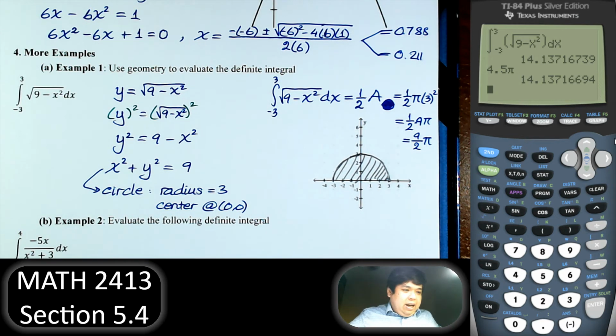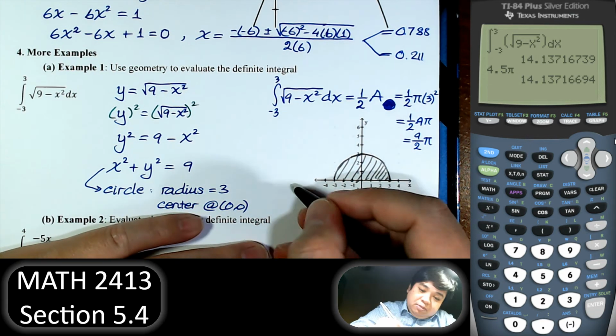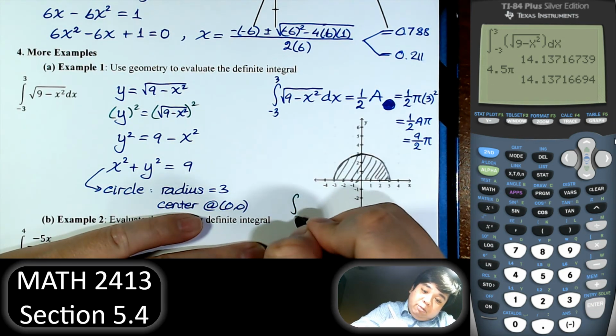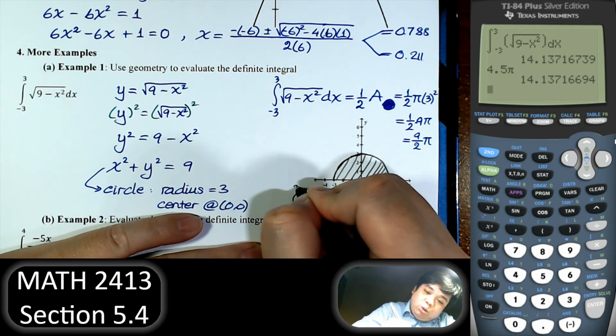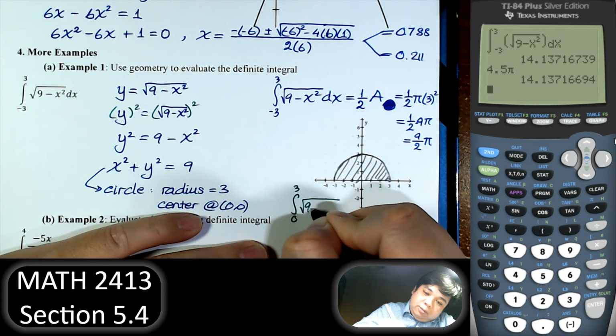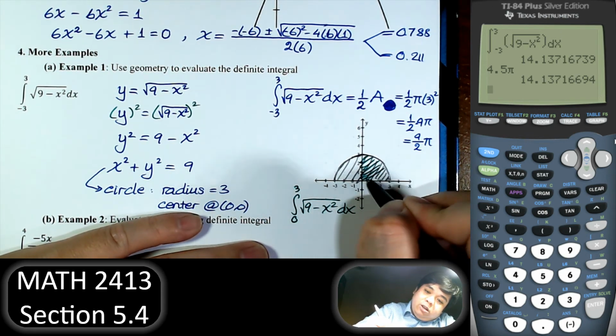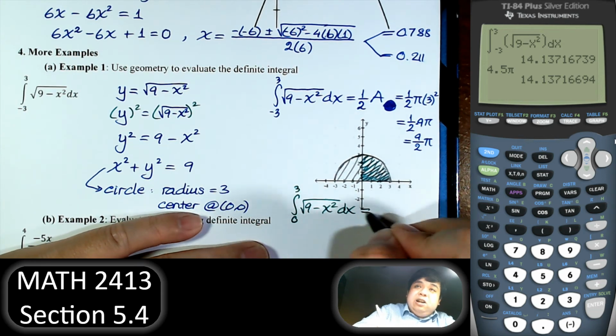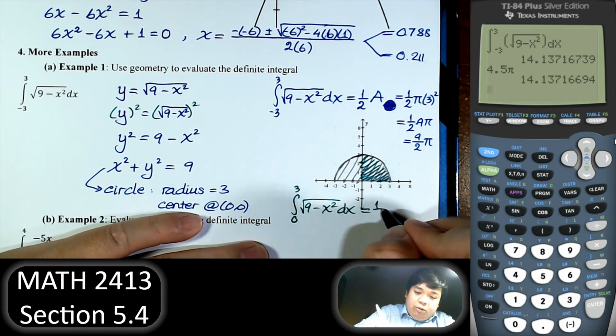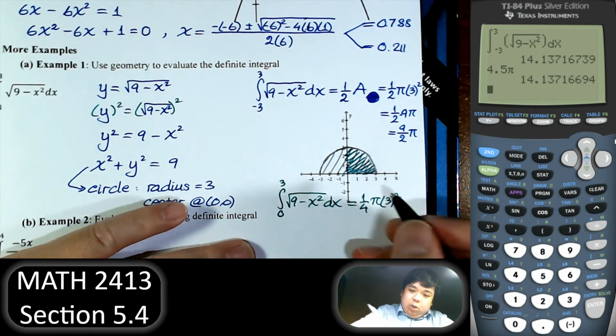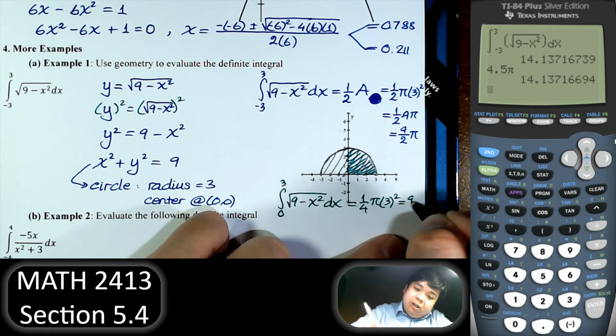Having said that, if I just want to define the same function, if I want to go from 0 to 3, in that case I only have 1/4 of a circle. In that case I have 1/4 pi times 3 squared, which is 9 over 4 pi.